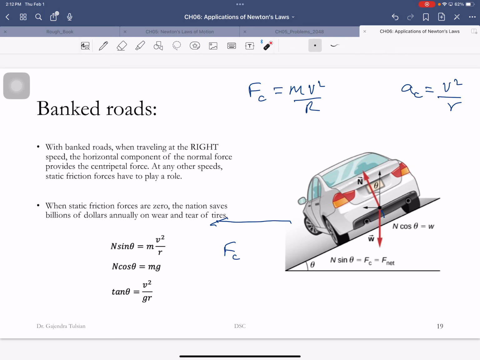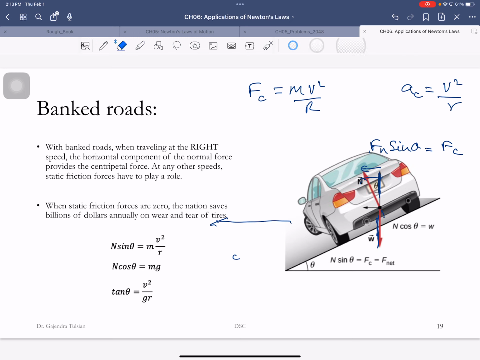So this component of the normal force, N sine theta, is providing you the centripetal force, and N cosine theta is balancing the weight of the object.